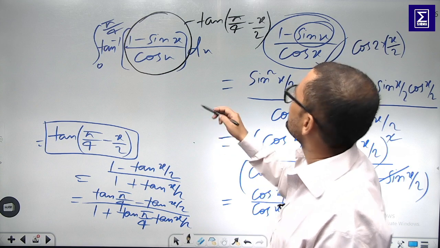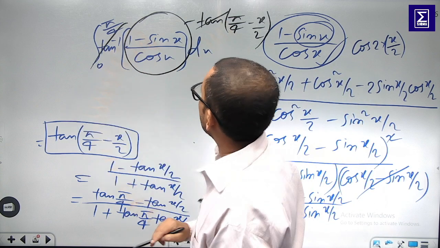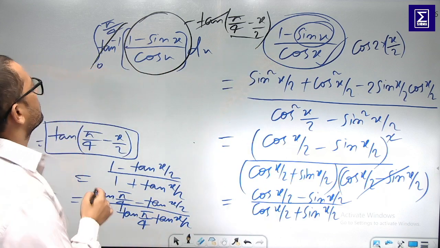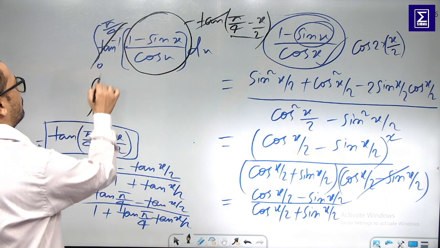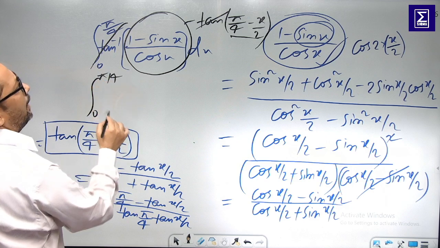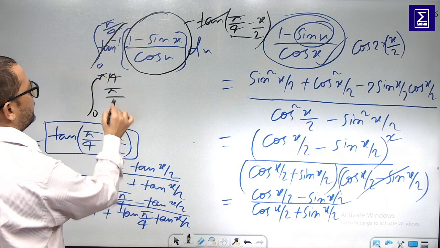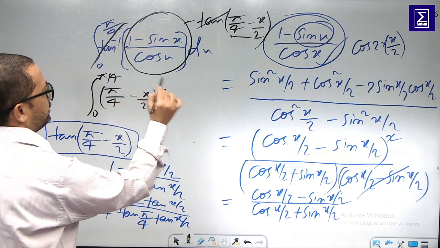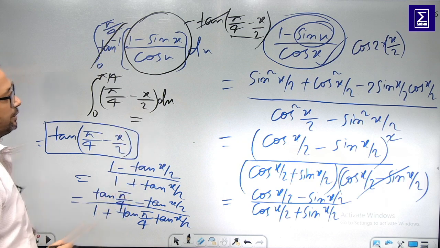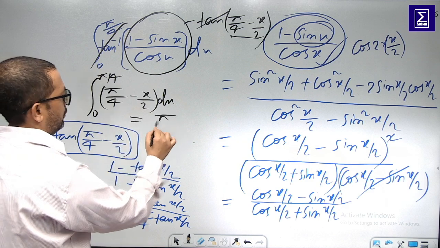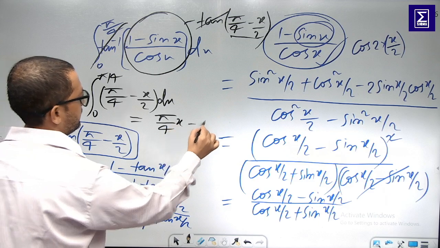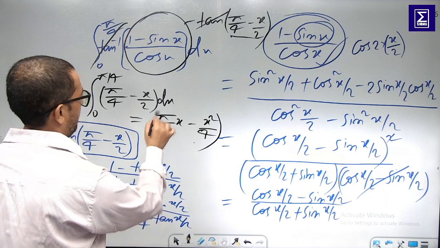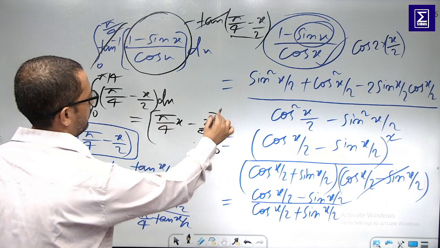Just because this tan and tan inverse will get cancelled, and we are left with simply, without any trigonometrical ratios, the integral from 0 to pi by 4 of pi by 4 minus x over 2. So it's quite simple to integrate. This integration is nothing but pi by 4 x minus x square by 2, and then again 2, so x square over 4, from 0 to pi by 4.